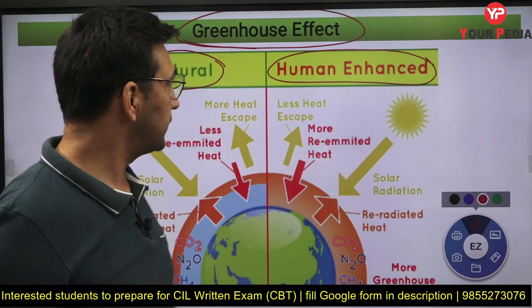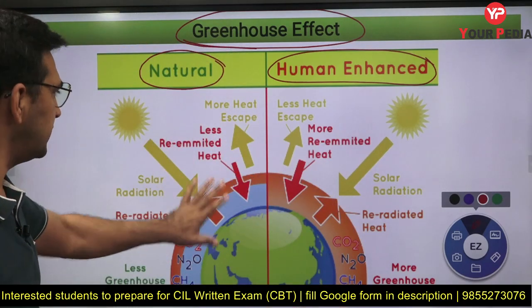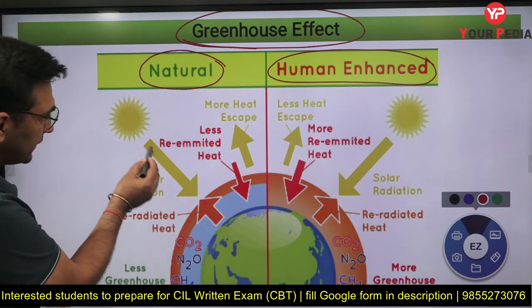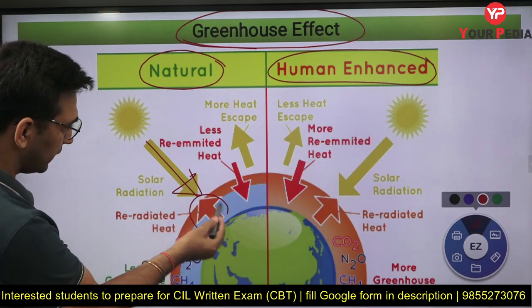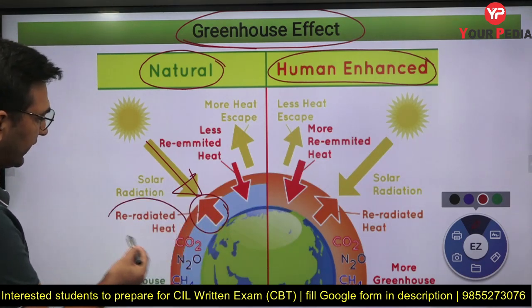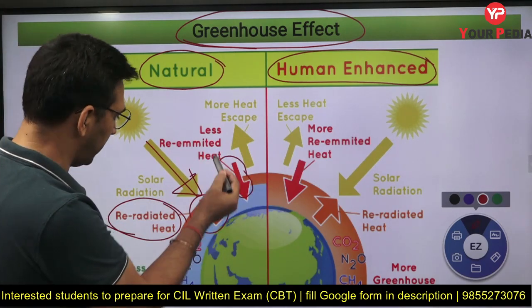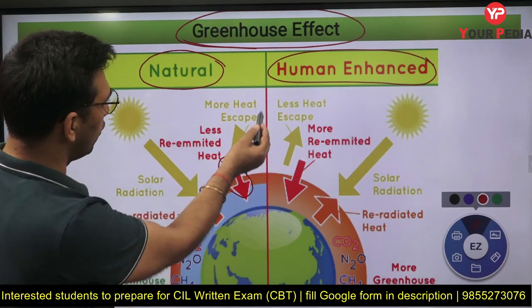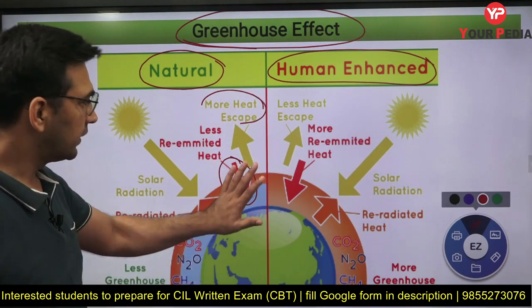So since some of these gases are already present naturally in the environment, the situation is this: you are getting energy from the sun, but most of the energy, the larger arrow, is re-radiated back into space, and a small portion of the energy remains, right? So more heat escapes, and a small portion remains in the Earth's atmosphere.